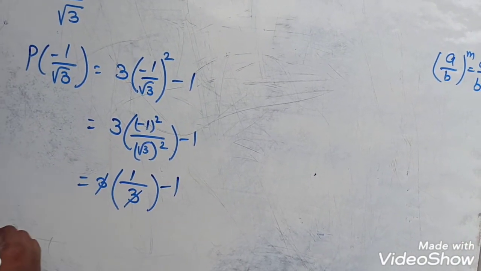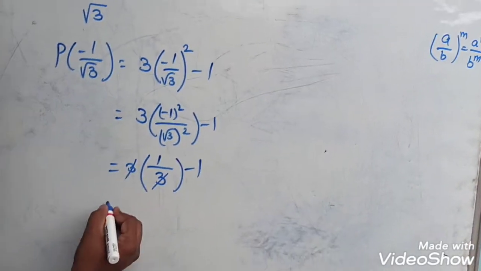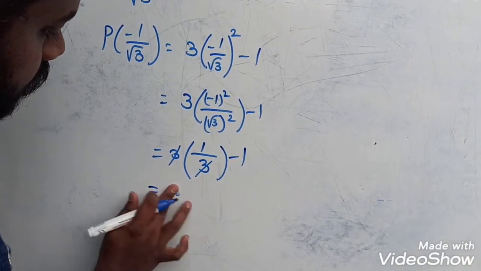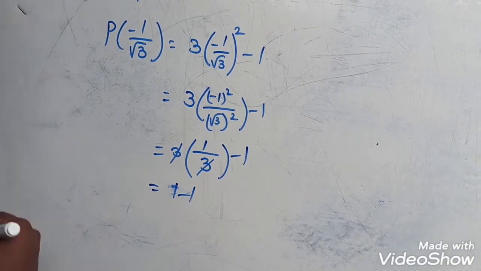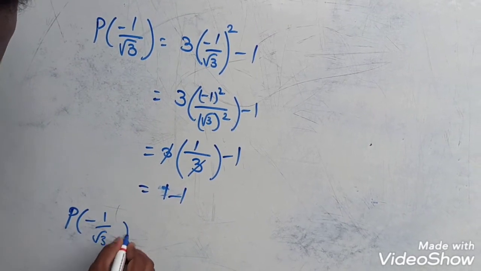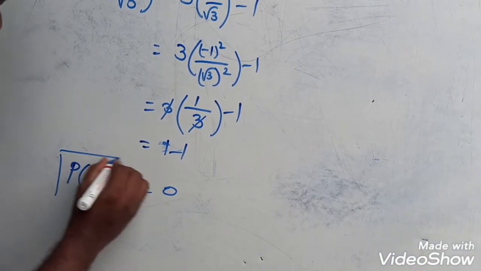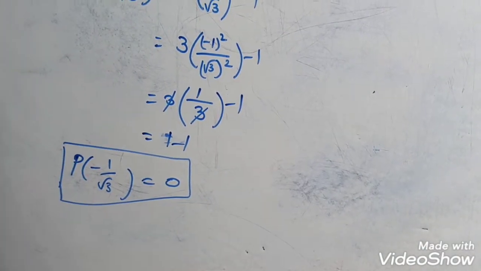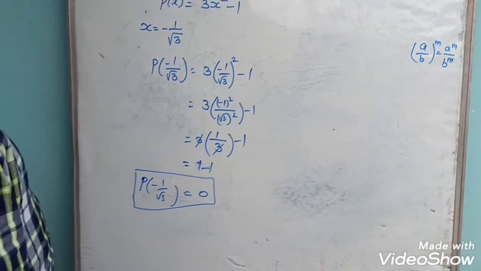So 3 will get cancelled. Finally we get 1 minus 1. So P of minus 1 by root 3 is equal to 0. We conclude minus 1 by root 3 is a zero of the polynomial.